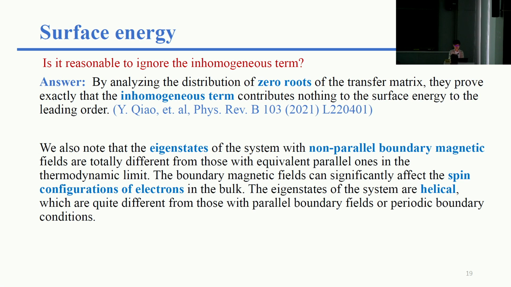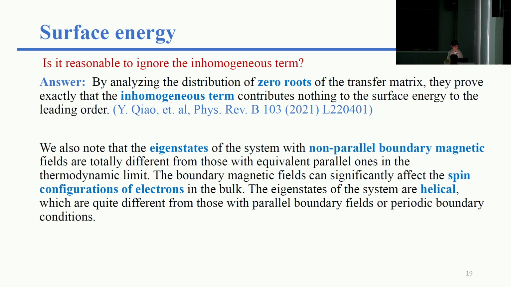And by using the transfer matrix, you can give the exact eigenvalue. And they prove exactly, not by using the data, that the inhomogeneous terms really contribute nothing to the surface energy, to the leading order. And if you are interested in it, you can read this paper.